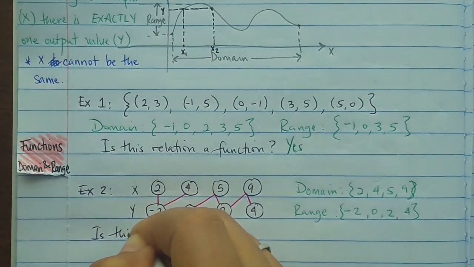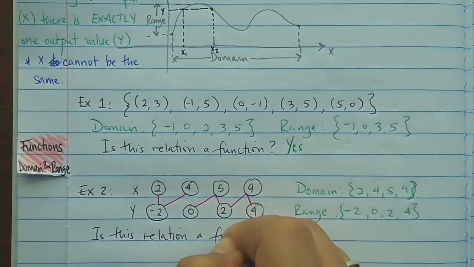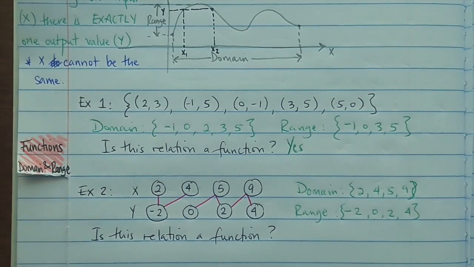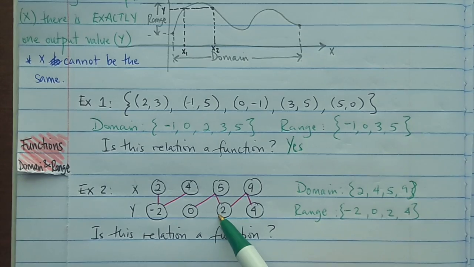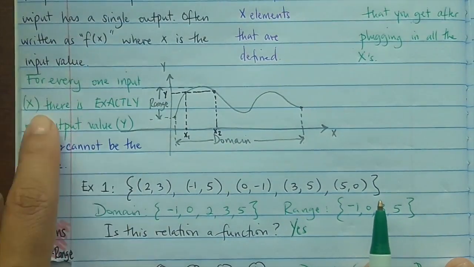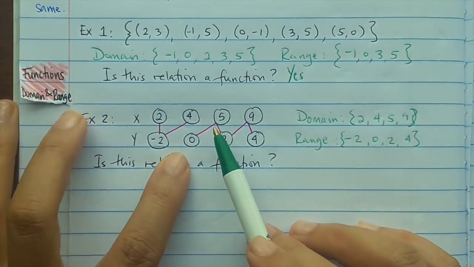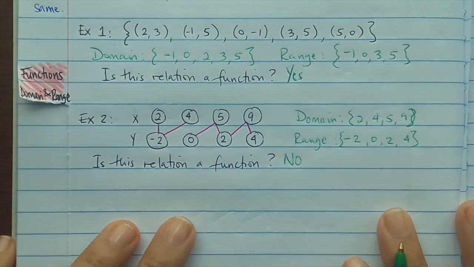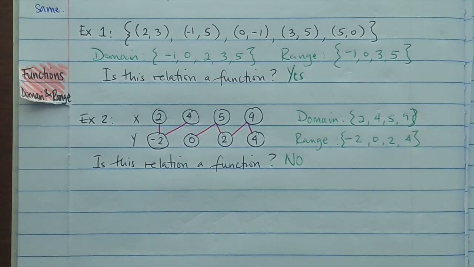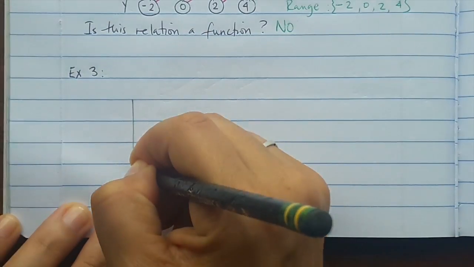Remember, for every x input there can only be exactly one output. But if you look right here, for that one x it gives you two y values, and we can only have one. The 5 gives you 0 and 2, and the 9 gives you 2 and 4. So note, this is not a function, because for every one x I must get one y.